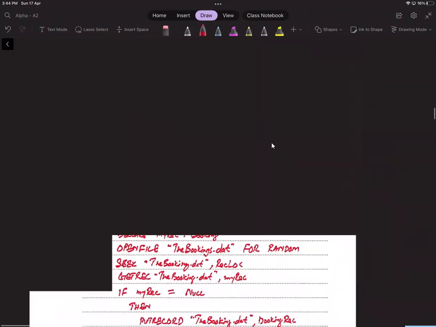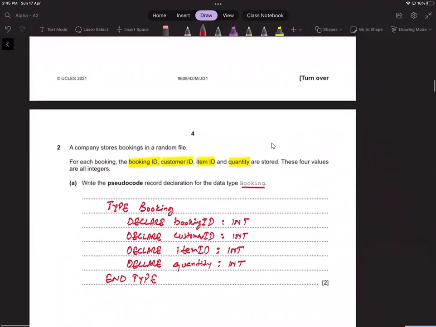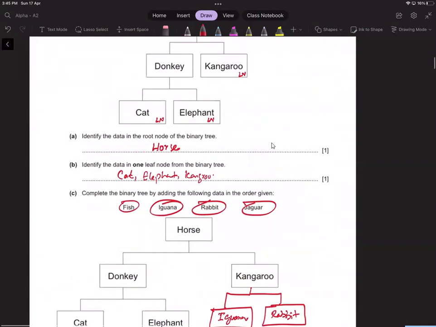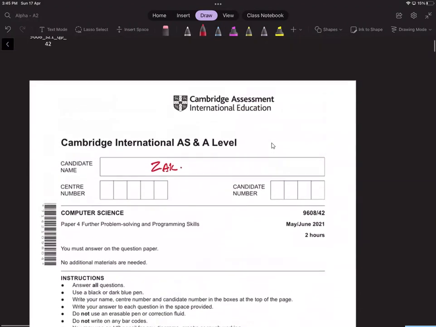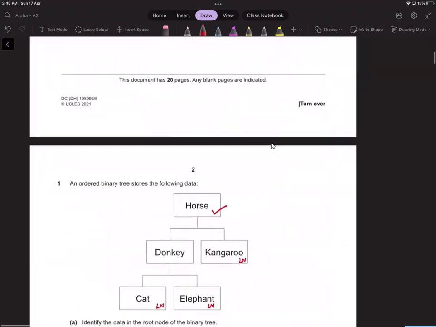So you would have about 75% of paper 3 from chapters 13 to 17, and then 25% from chapters 19 and 20. So that's about it.